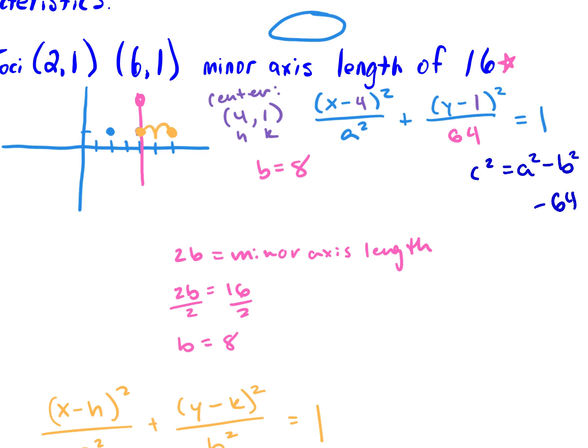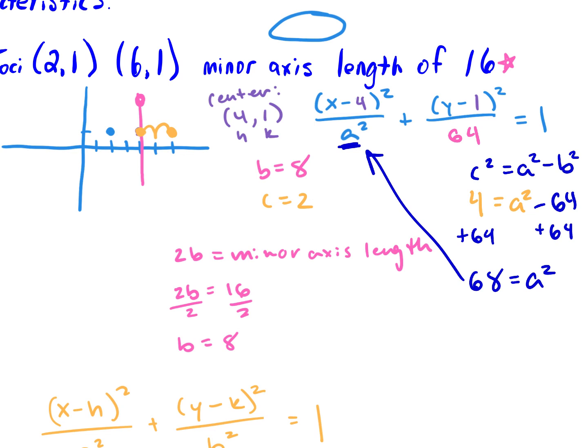So from the center to the foci is 2. So c is 2. So c squared would be 4. So then I just solve for a squared. So add 64 to both sides. 68 is equal to a squared. I don't really need to find just a because in here I have a squared, so I'm just going to plug that in to there.